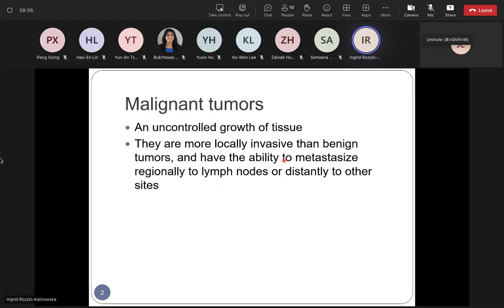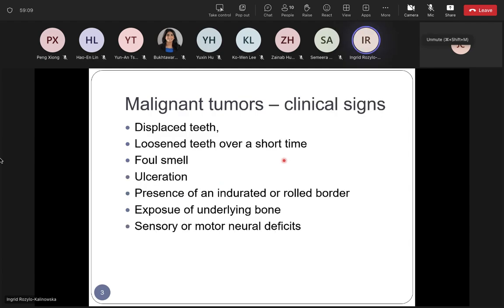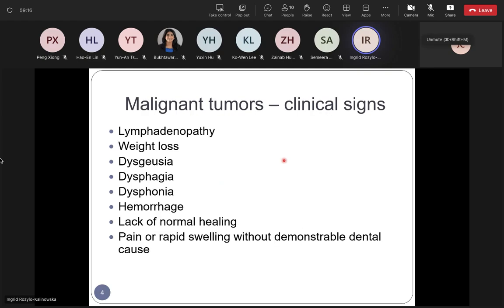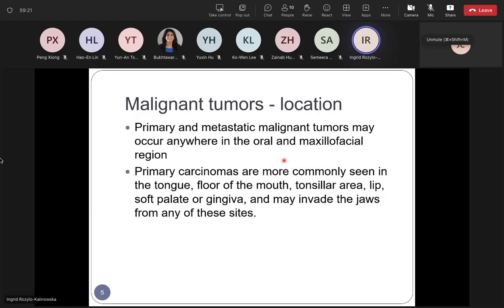So the role of diagnostic imaging is to verify not only the local extent of a tumor, but also the spread of a tumor to lymph nodes and to the surrounding tissues and the distant sites of metastasis. And the location is also very different, but the most frequent tumor that you are going to encounter in the oral cavity will be squamous cell carcinoma.